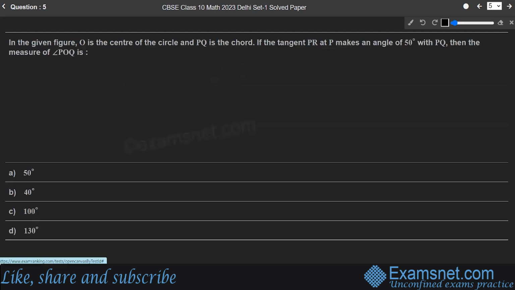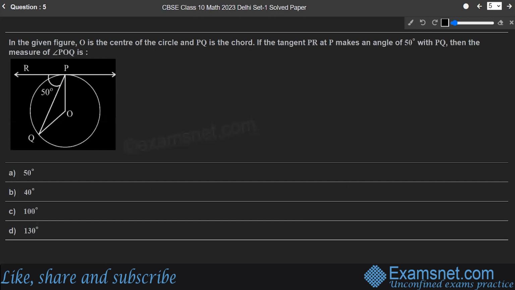Okay, let's go to the next question. In the given figure, O is the center of the circle and PQ is the chord. The tangent PR at P makes an angle of 50 degrees, and the angle is shown here. Looking at the figure carefully, Q is already named, so let us name this point T. OP is perpendicular to side PT, because OP is a radius, and a radius is always perpendicular to the tangent.